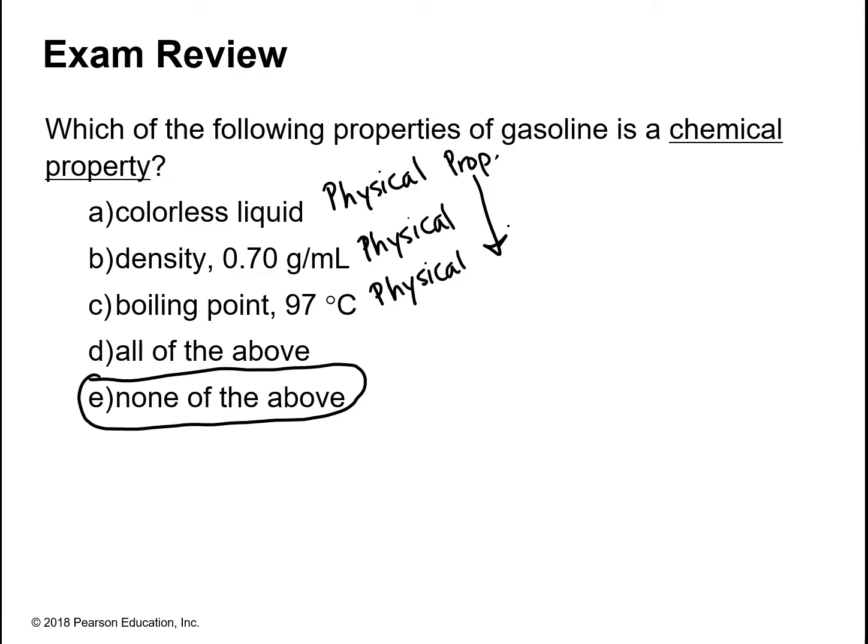Hopefully exam 2 will not be that bad. I'm going through and starting to grade exam 1, so you will get those grades back soon. But exam 2 is going to be primarily multiple choice, just given the topics that we've covered, it's hard to do anything else.